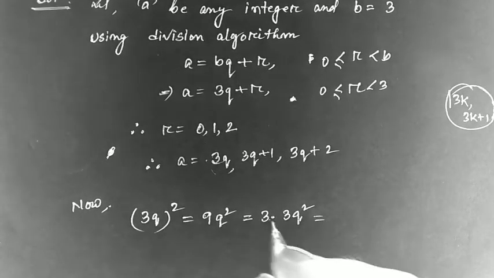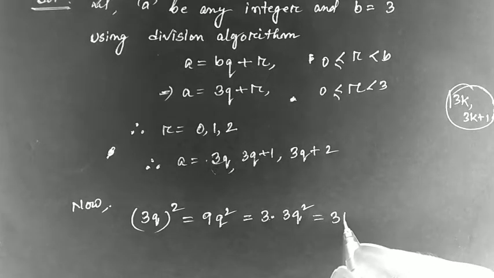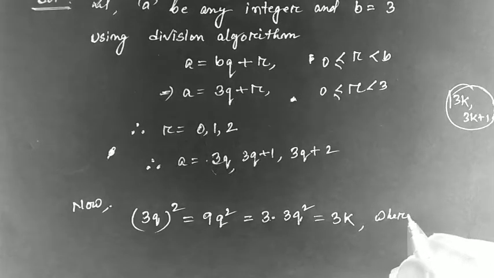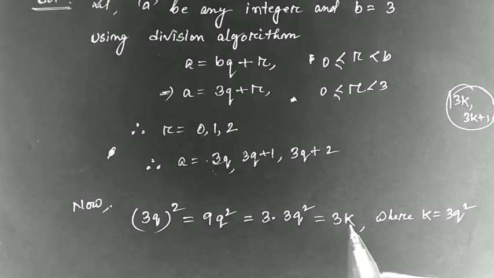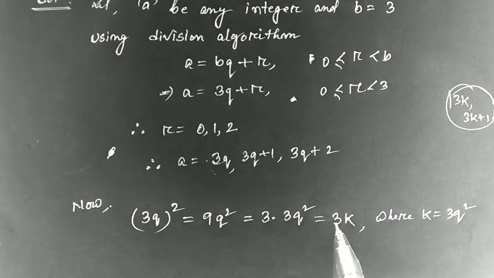And this can be written as 3 into k, where k is equal to 3q square. So first case is proved as 3k, so we can say that square of this integer is expressed as 3k.